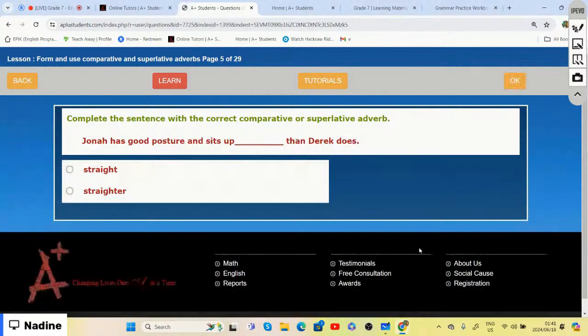Then Jonah has good posture and sits up straight than Derek does, or straighter than Derek does. So straight or straighter.